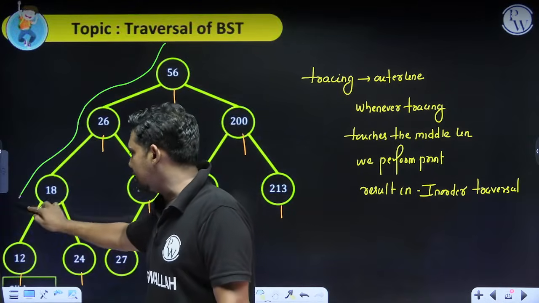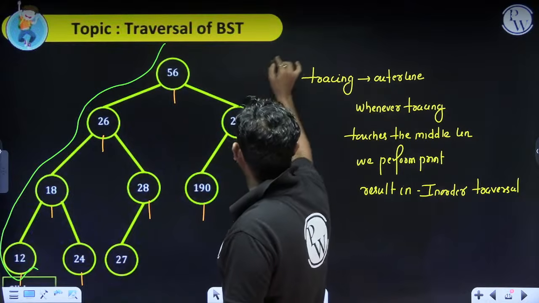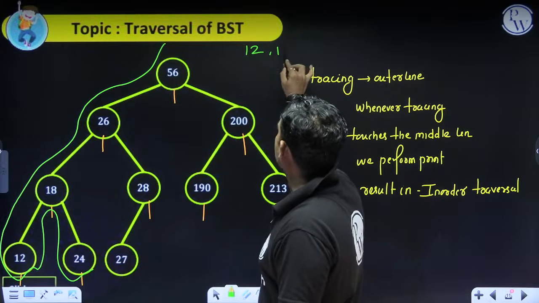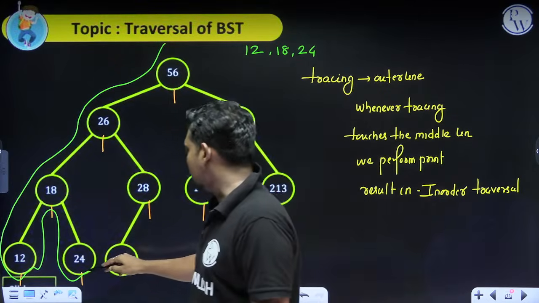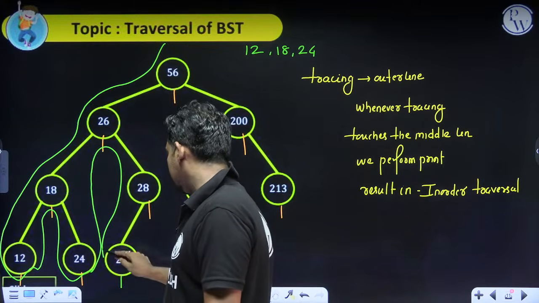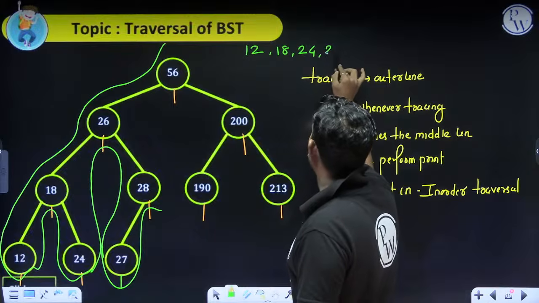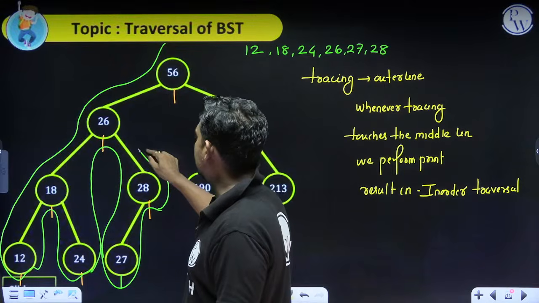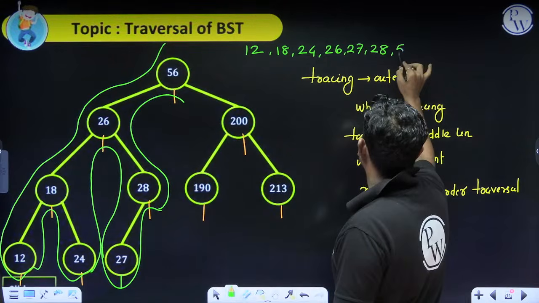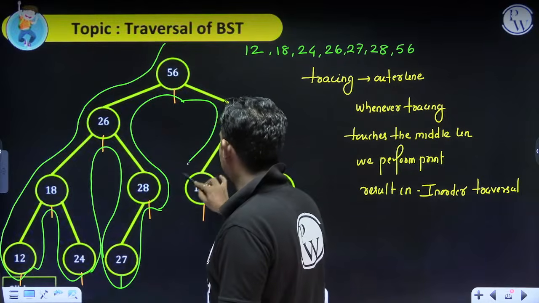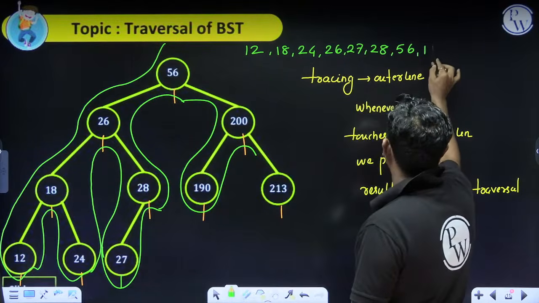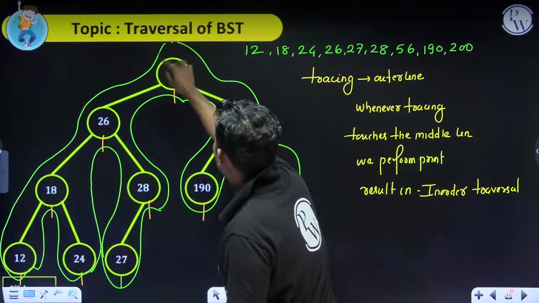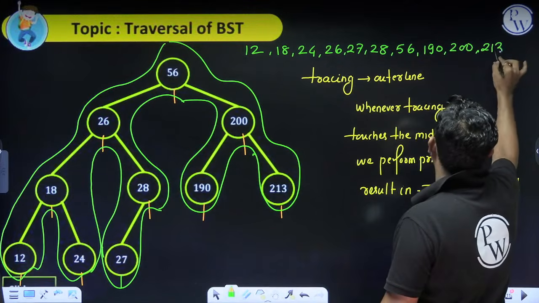Now this is tracing: 12, 18, 24, 26, 27, 28, 56, 190, 200, 213, over.